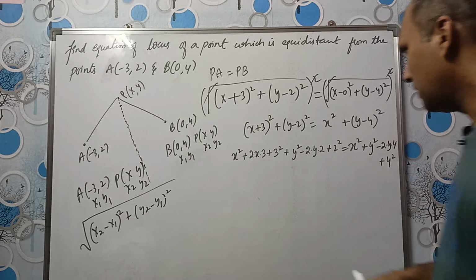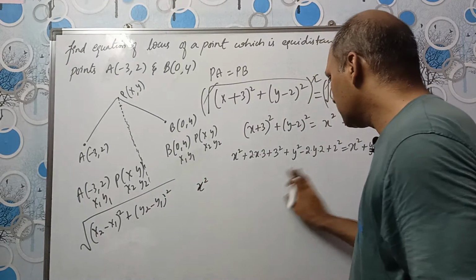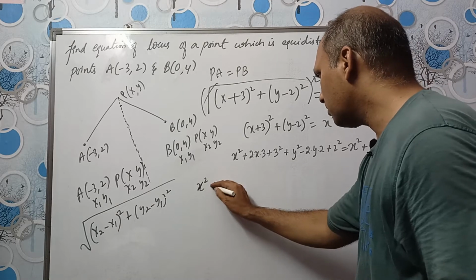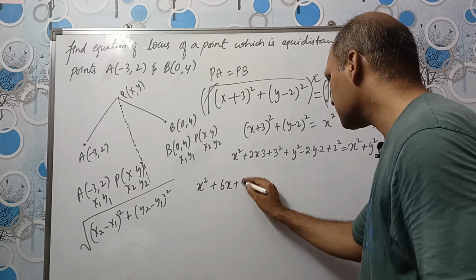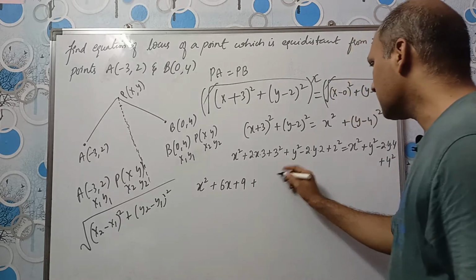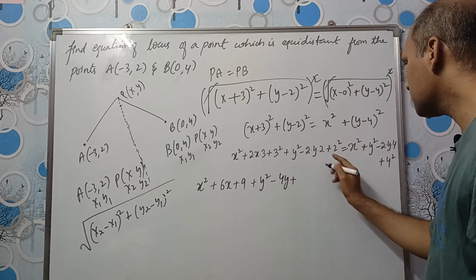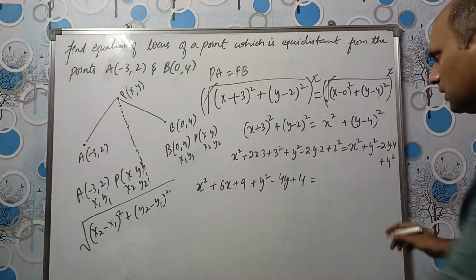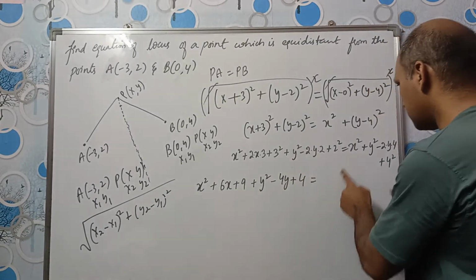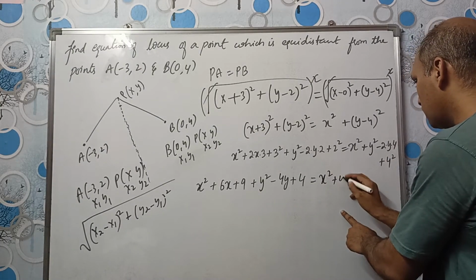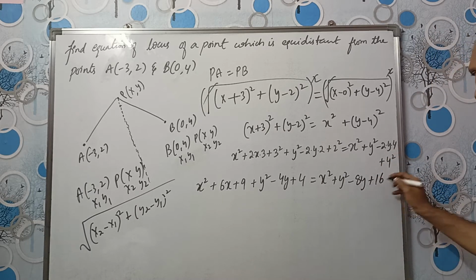Alright, so let us slowly simplify this. x square plus 6x, 2 threes are 6, plus 9, 3 square is 9, plus y square minus 2 twos are 4, 4y, plus 2 square is 4, is equal to, did we write all the terms? 1, 2, 3, 4, 5, 6, yes, 6 terms here. x square plus y square minus 2 fours are 8y plus 16, 4 square is 16.